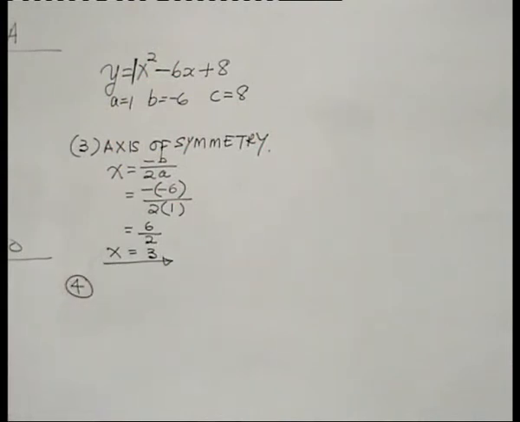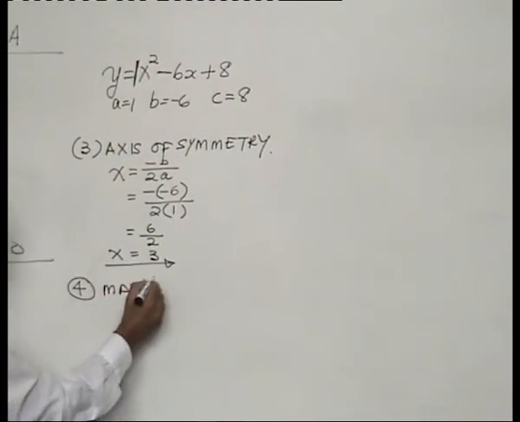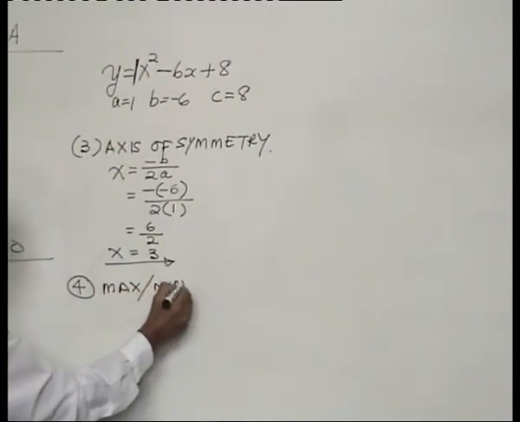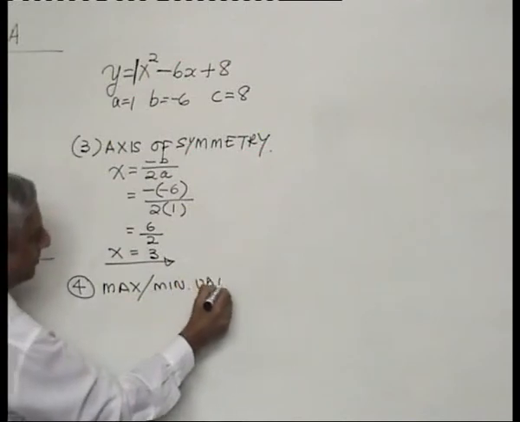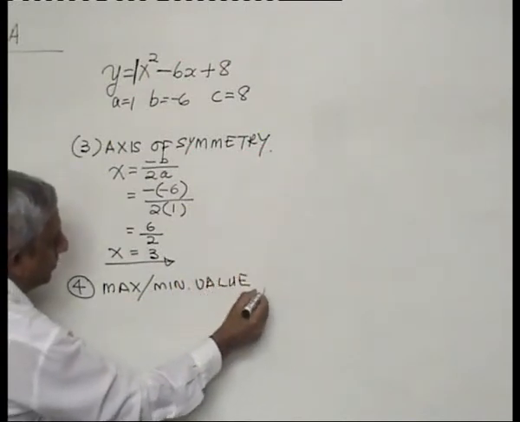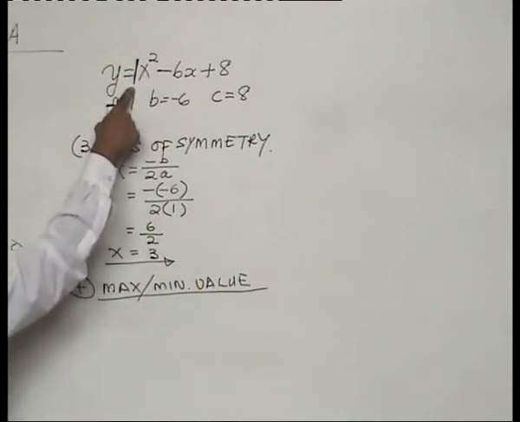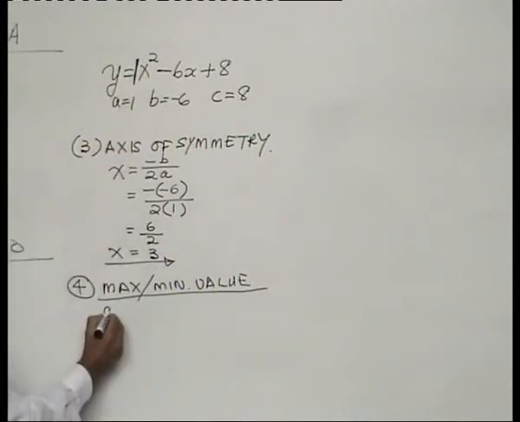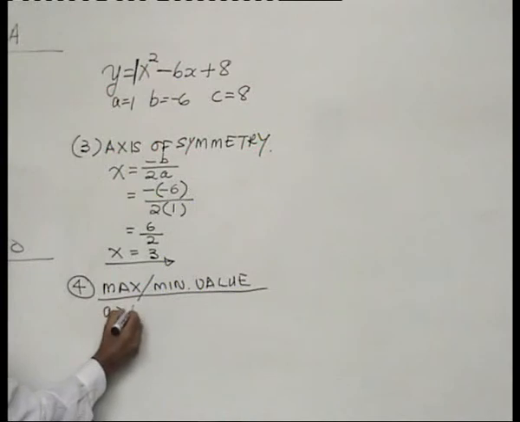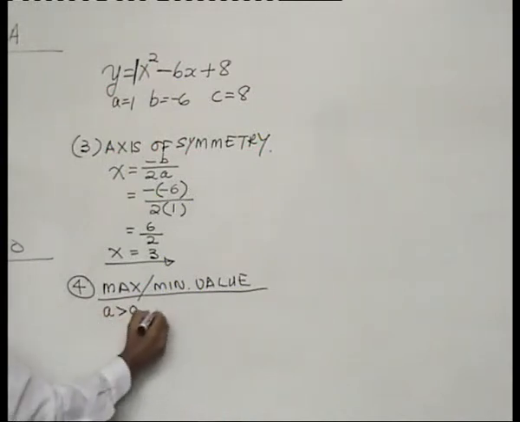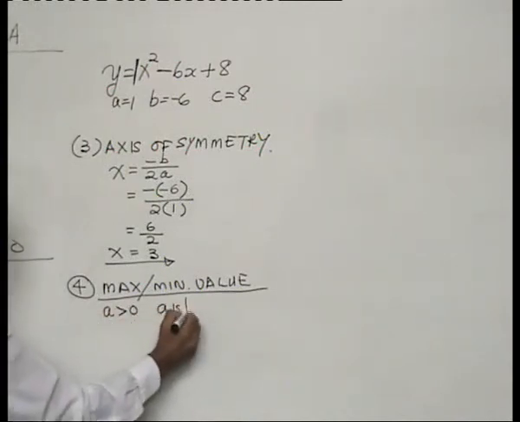You need to calculate maximum or minimum value. So we look at our question first. In our question, A is positive. In other words, A is greater than 0.